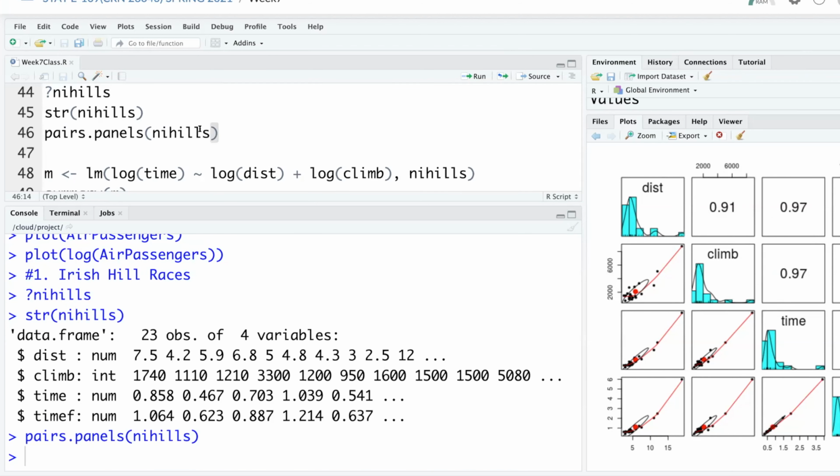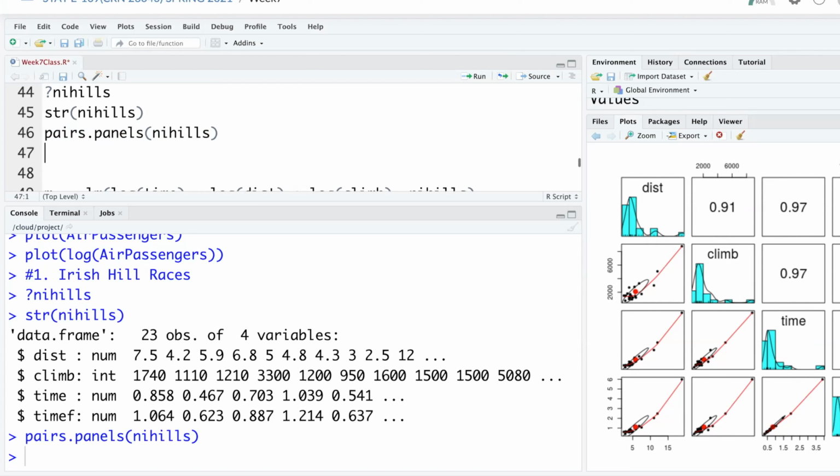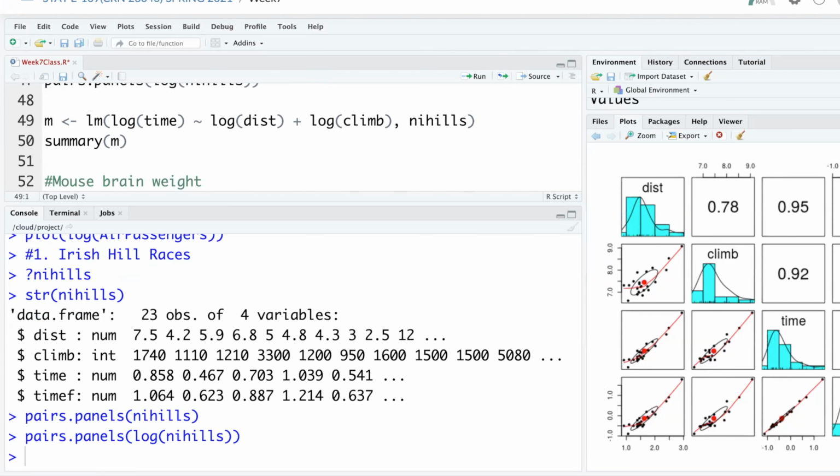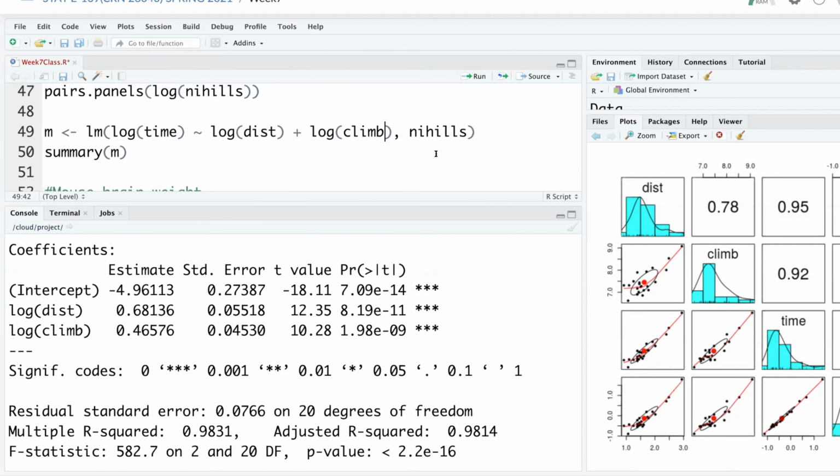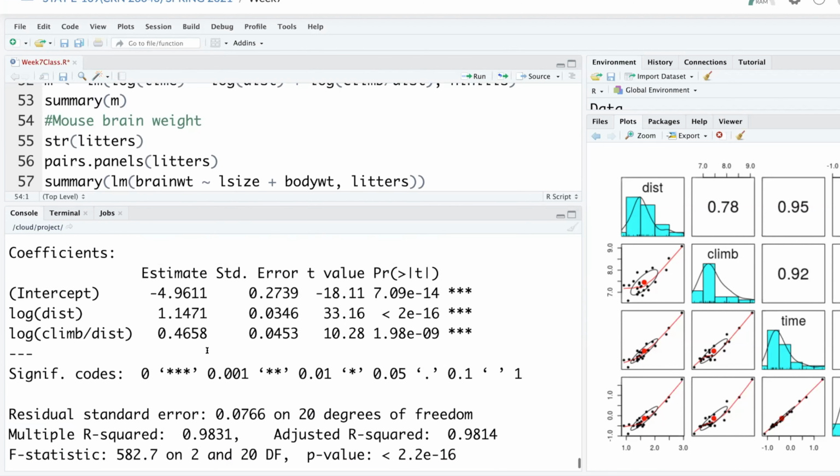If you want to do log, we copy this whole thing and simply say log. That will automatically convert variables into log and then plot. And this is our model that we saw. If you want to do log of climb divided by distance, this is what we had done, where beta increased and standard error reduced.